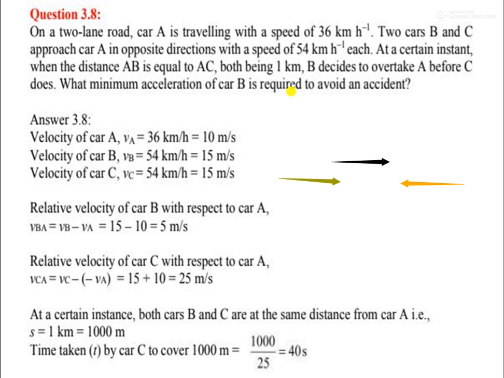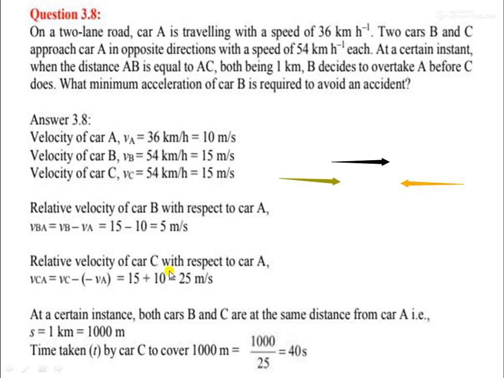But suppose there is a car moving with 30 km per hour and it gets hit by a car moving from the opposite side at 20 km per hour. The impact would be much more, because the relative speed gets subtracted when they both are moving in the same direction, but it gets added up when they both are moving in opposite direction.